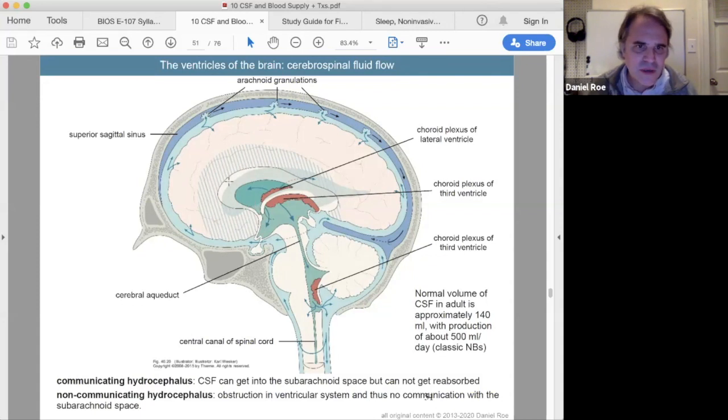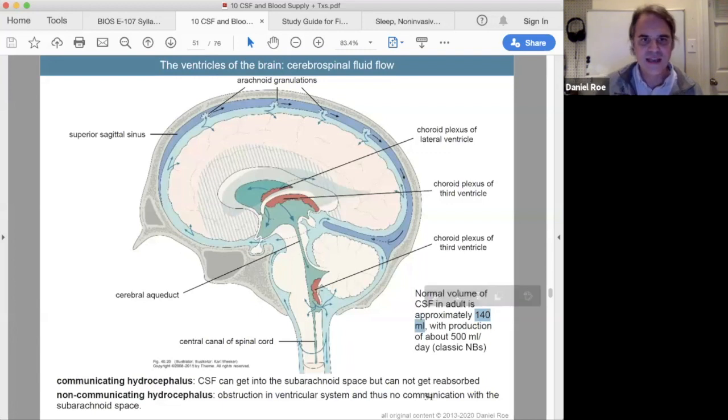And it generally moves in this direction, moves downward and escapes the lateral apertures, the single median aperture. A trickle again goes down the central canal, as I said previously. But most of it sort of bathes the brain so that the brain is just floating in about 140 mils apparently of CSF.